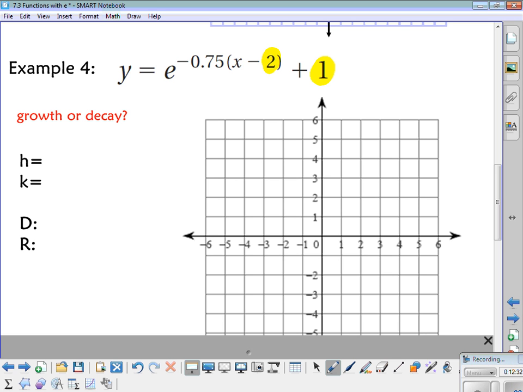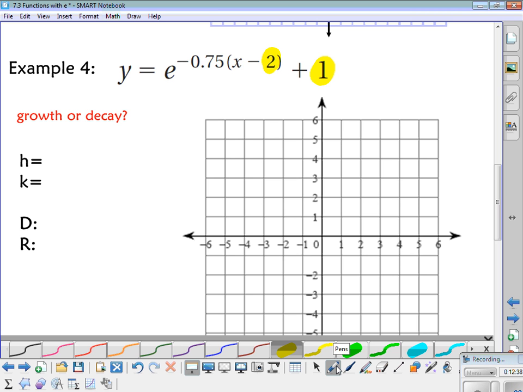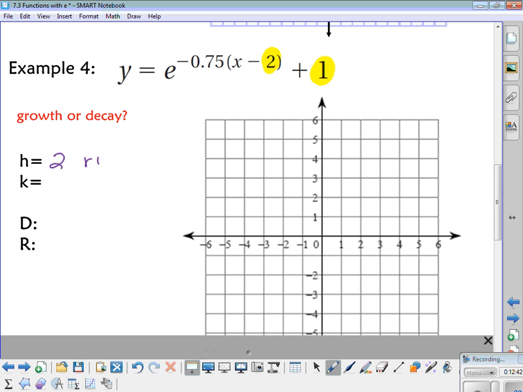You do this the same way we've been doing them. It's just that now we move our origin, or pretend that we moved our origin. Here h would be +2, which means I'm going to the right. k is 1, so I'm going up. So I pretend that the point (2, 1) is my new origin.